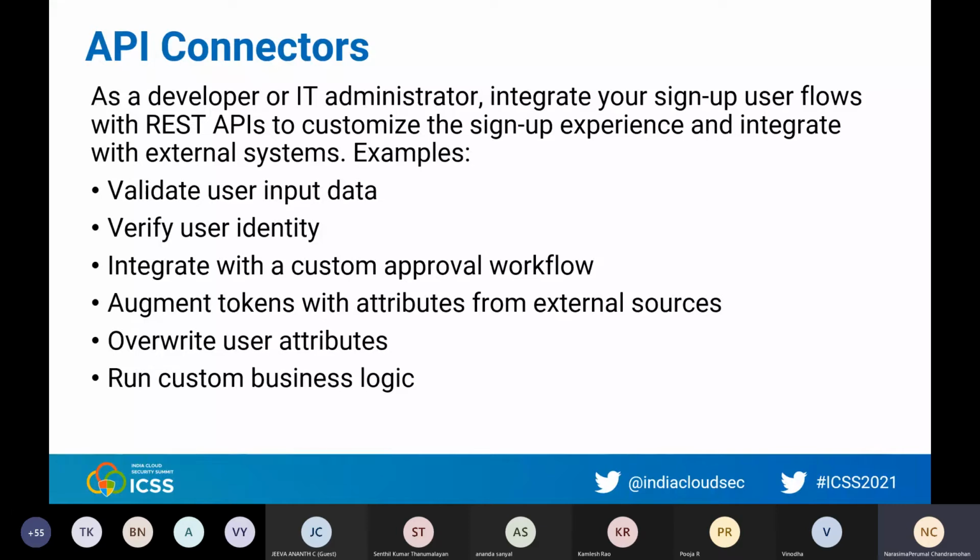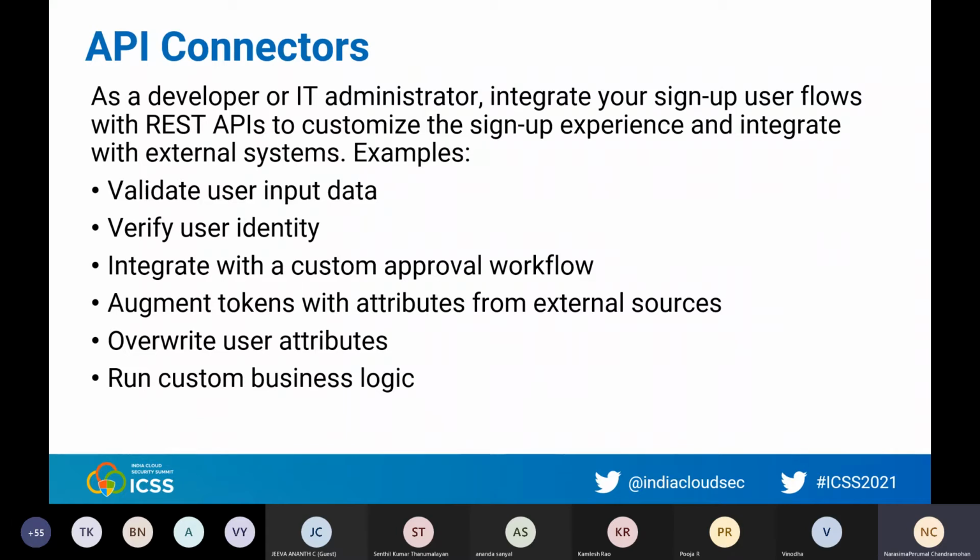Suppose you want to integrate the sign up process with your system. Maybe once the user has signed up, there might be some custom actions, like you might want to trigger an email campaign to him. Or once the user has signed up in Azure AD B2C, you may want to create some other things, or provision some resources in your backend. To do these kinds of things, you can use API connectors.